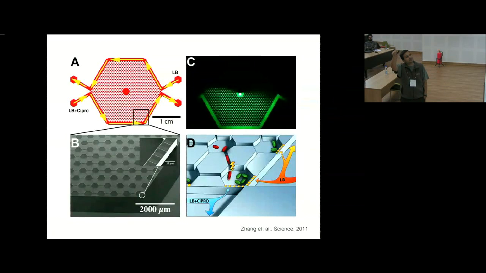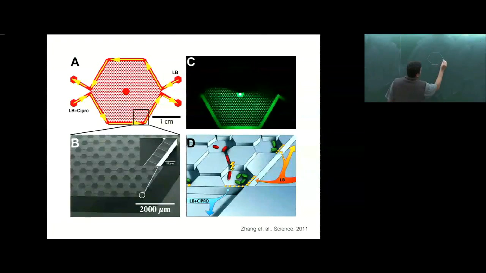So you're seeing here many connected hexagons. Okay, so now this is a little chamber, very similar to the chamber that you saw before with the walls and so on, where the bacteria were.